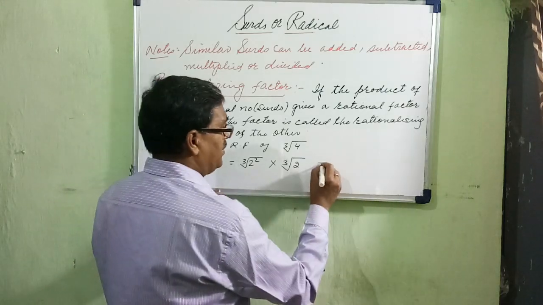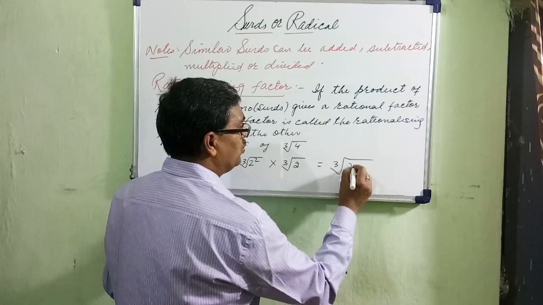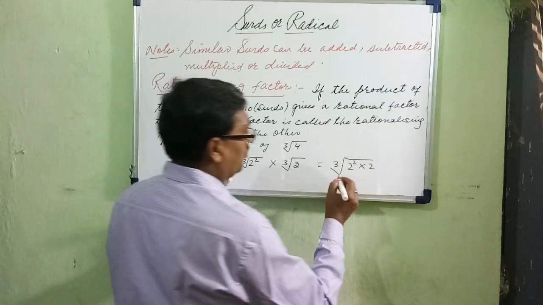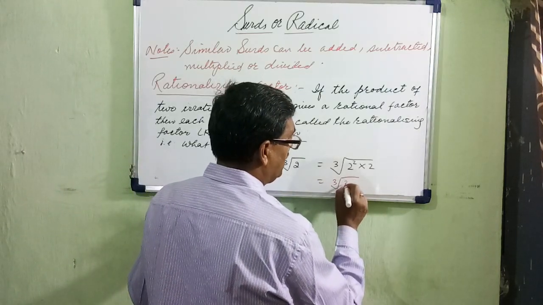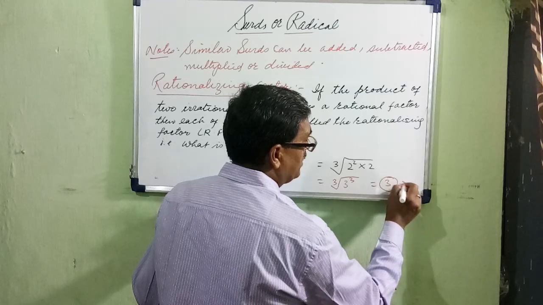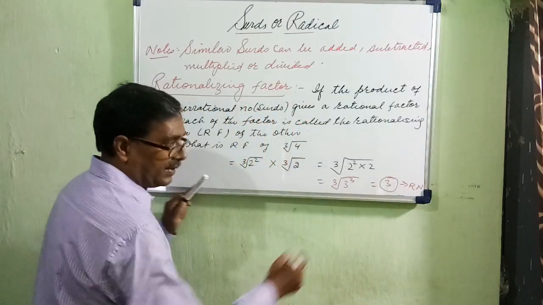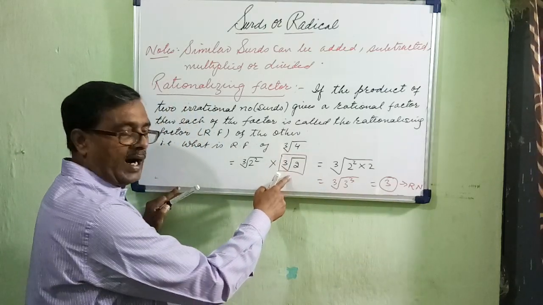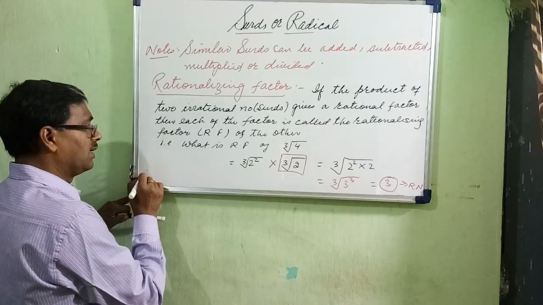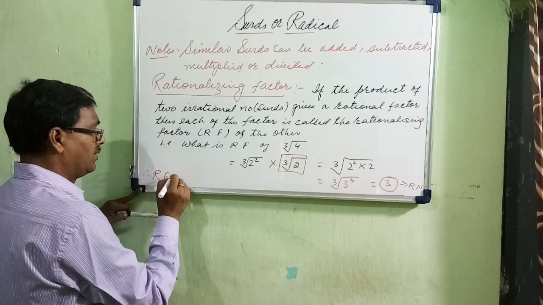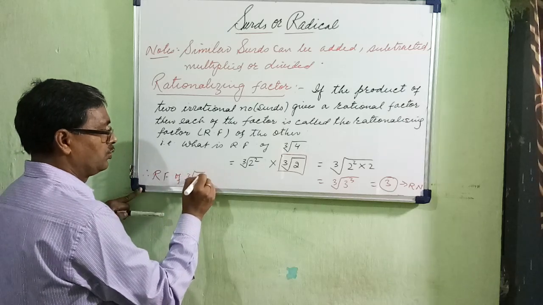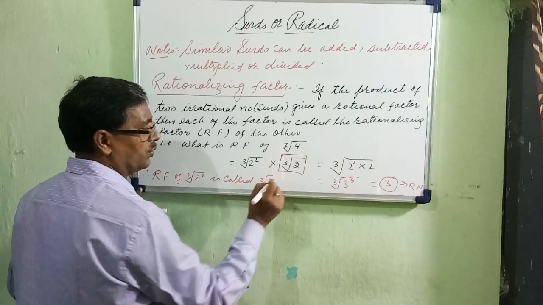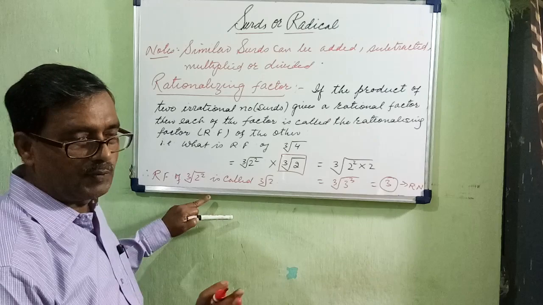So it can be written as cube root of 2 square into 2. And then what will happen? It is equal to cube root of 2 cube, which is equal to 2. Is it a rational number? And this rational number comes just because of this. So this is called RF of this number. Therefore, we say RF of cube root of 2 square is cube root of 2. Many more questions we will discuss on the basis of this.